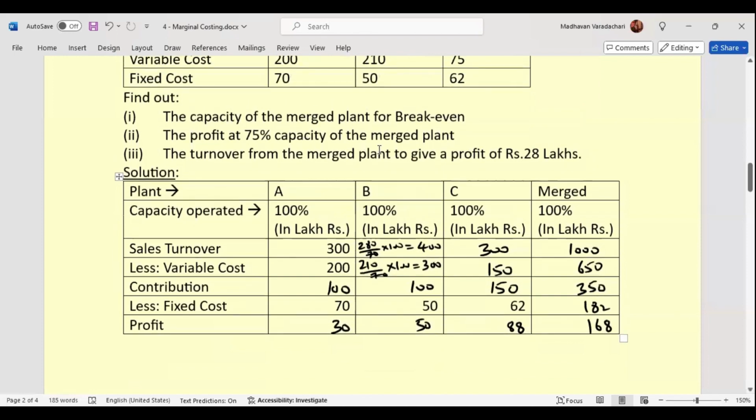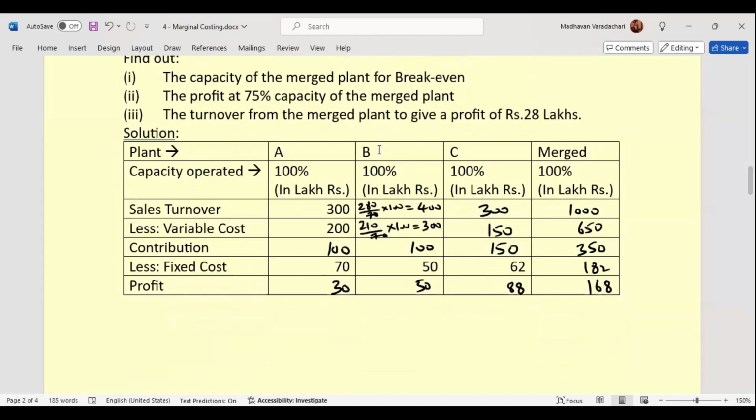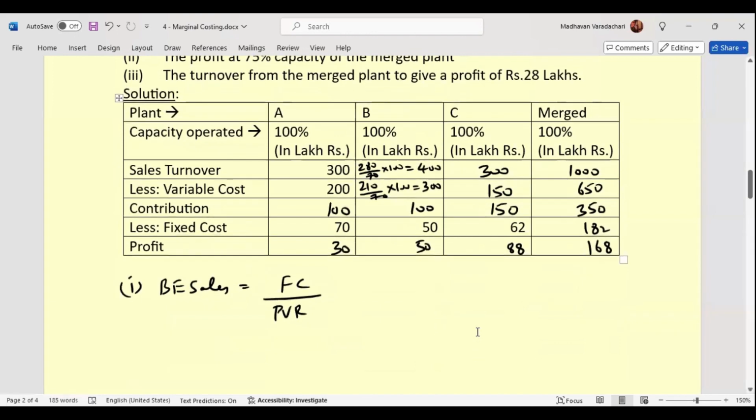Now, what is the first question? Capacity of the merged plant for break even. Let us calculate first the break even. Break even sales equal to fixed cost divided by PV ratio. So that means we need to first calculate the PV ratio. This is nothing but contribution by sales into 100.